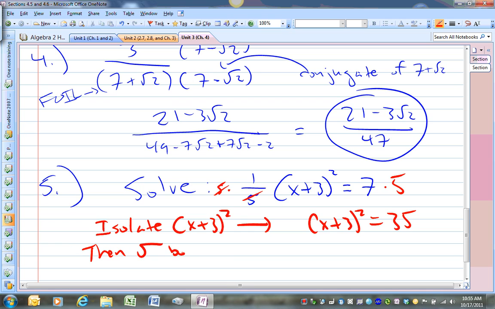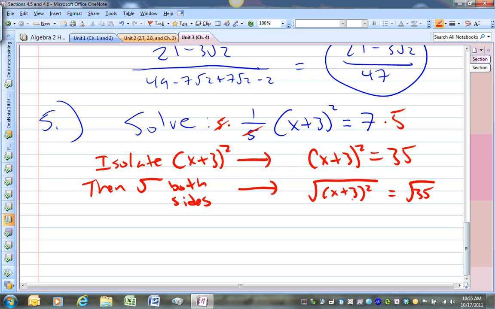Then square root both sides. So instead of foiling, you can just square root both sides. And the beauty about that is that the square and square root go away, so you just get x plus 3, because they're inverses of each other.